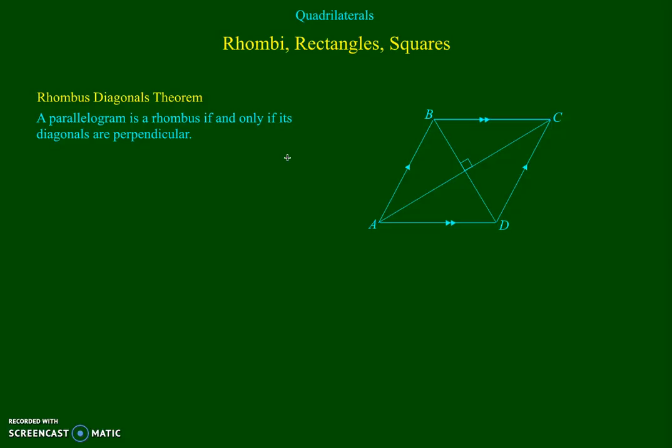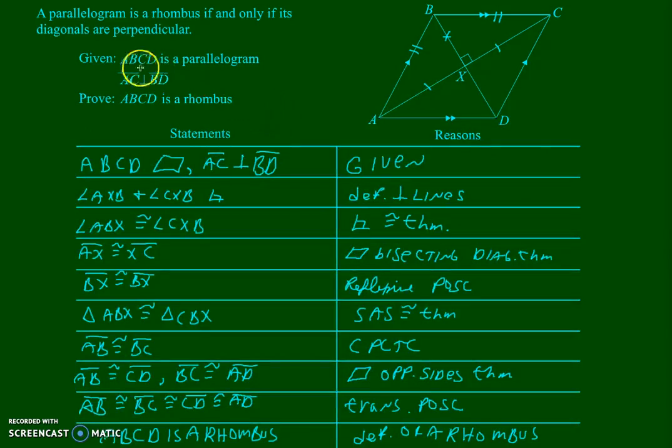So we're going to go ahead and prove one of these 2 parts just to show a proof of this theorem. The part of the theorem I'm going to prove is ABCD is a parallelogram and AC is perpendicular to BD. So the diagonals are perpendicular. So we have a parallelogram with perpendicular diagonals.